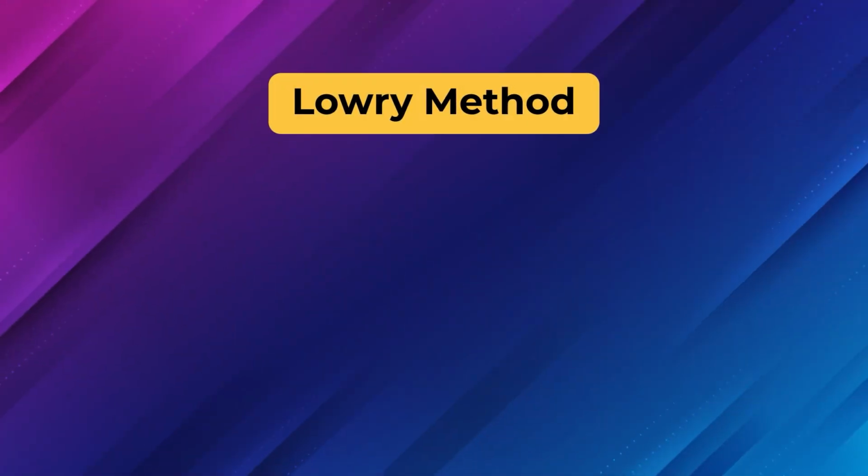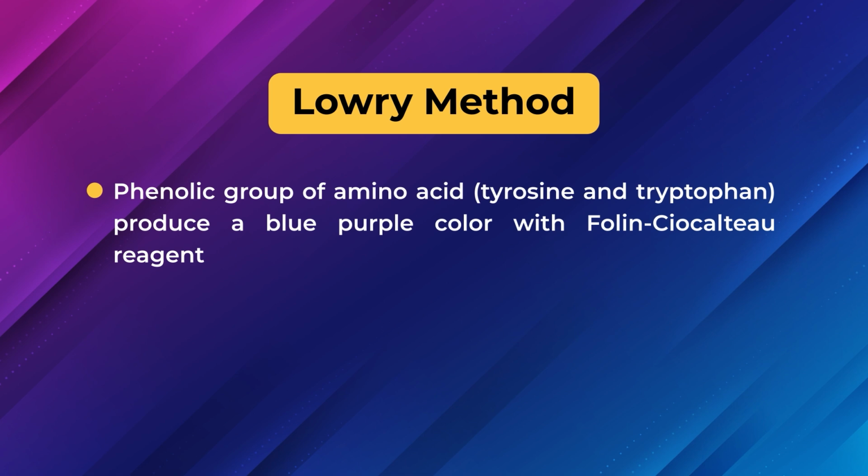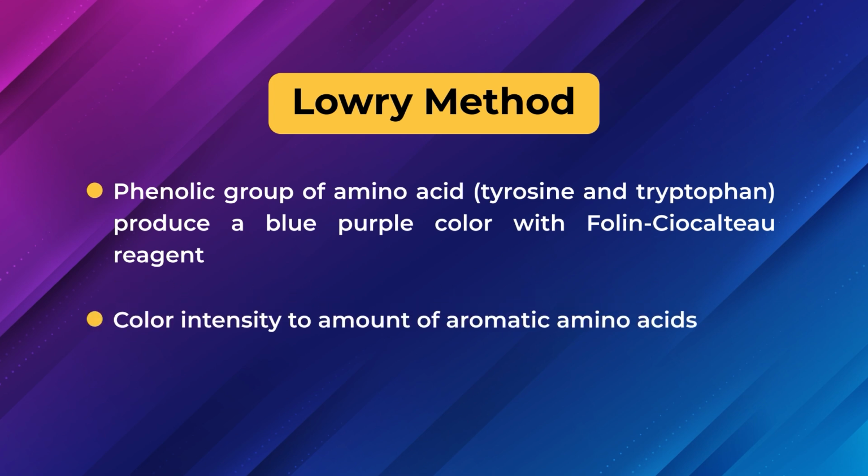Now, there is a method called the Lowry method, which is based on the same Folin-Ciocalteu reagent, but this is basically for those proteins which have a phenol group, tyrosine and tryptophan. So the system is the same. The pH is supposed to be basic, 9 to 10.5, and once the color is formed because of the complex, we estimate it by a spectrophotometric method.